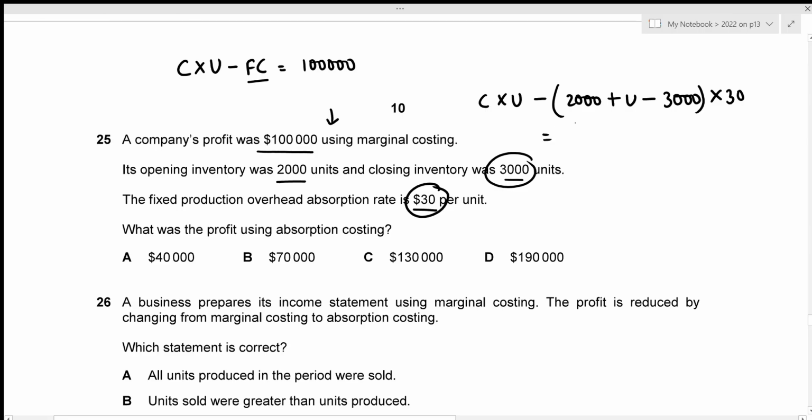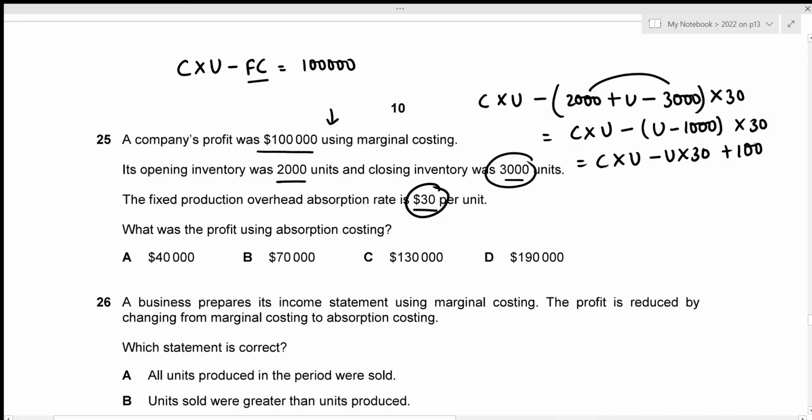Let's open the bracket. That's C times U minus 2000 minus 3000 is going to be minus 1000 times 30. That's C times U minus U times 30 plus 1000 times 30. And remember, this is the unit produced and this is the production overhead absorption rate, which basically gives our total fixed cost, right?